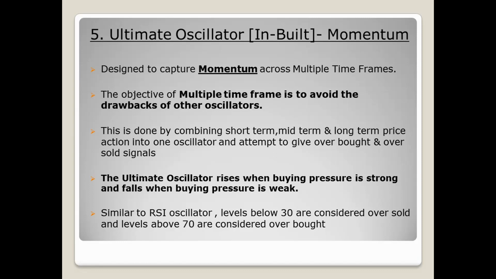It is because we want to avoid false signals. Multiple time frames are to avoid the drawbacks of other oscillators. How is this done? This is done by combining short-term, mid-term, and long-term price action into one oscillator and attempting to give overbought and oversold signals.